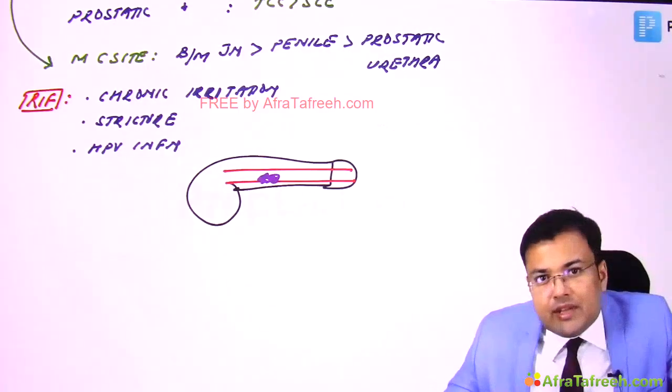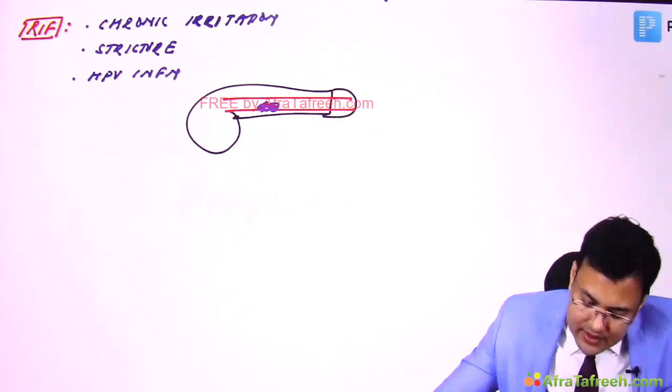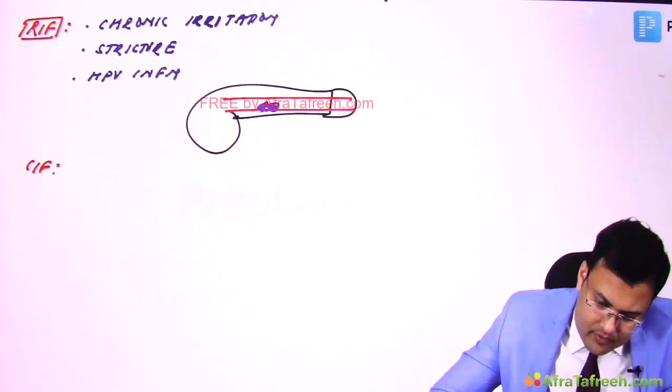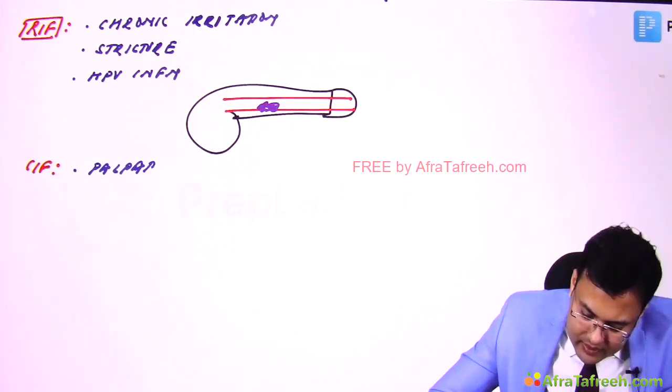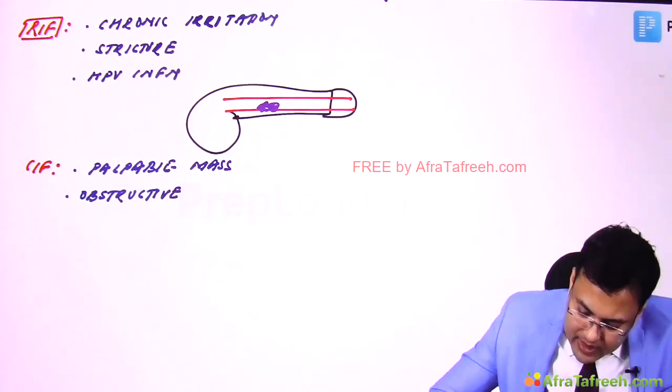So the patient is having symptoms of obstruction. So the clinical features: palpable mass with obstructive symptoms.